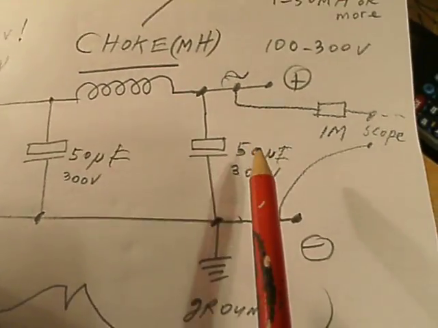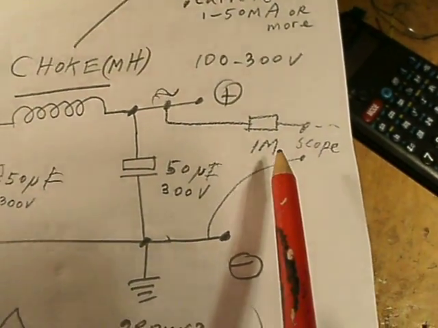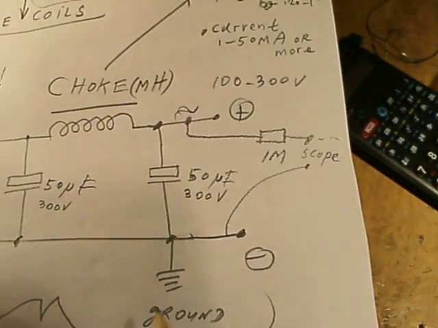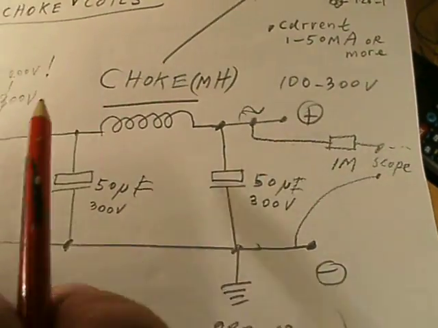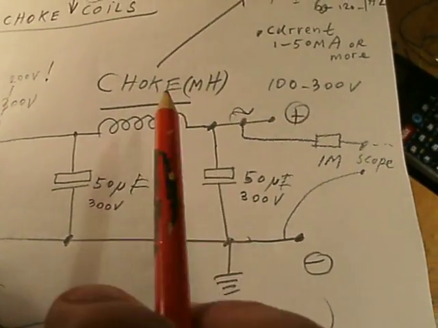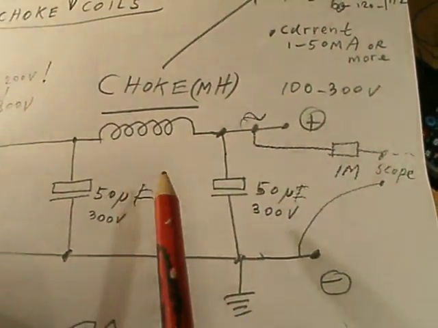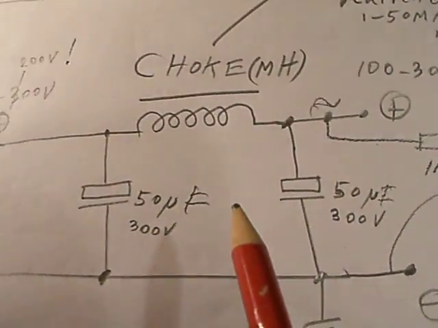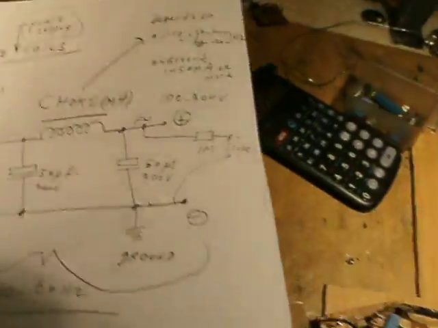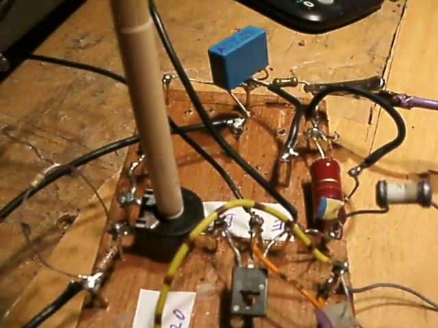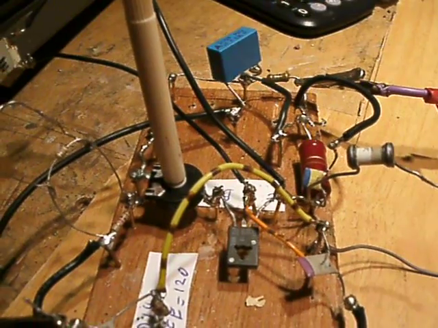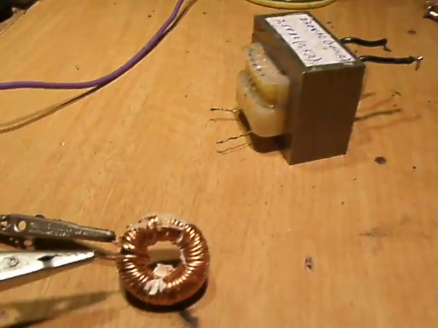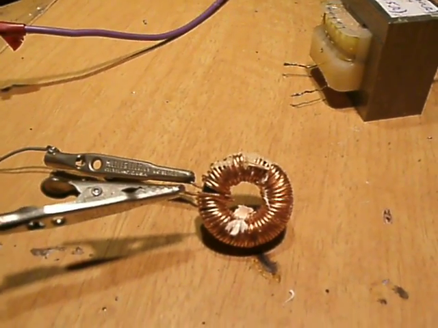With your scope connected to this location via the 1 megaohm resistor, you can find out perfectly how good this filter damps out all the nasty 50 Hz or 60 Hz frequencies. And the oscillator here can be of good help in searching for the value of the choke.